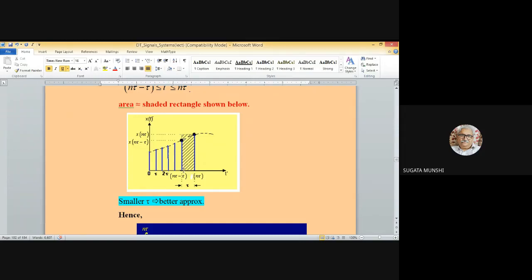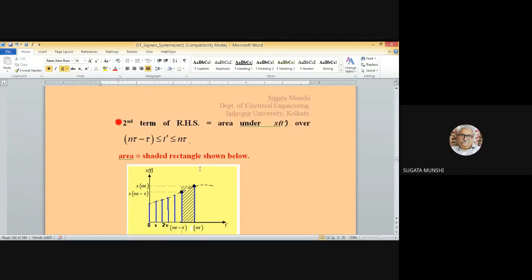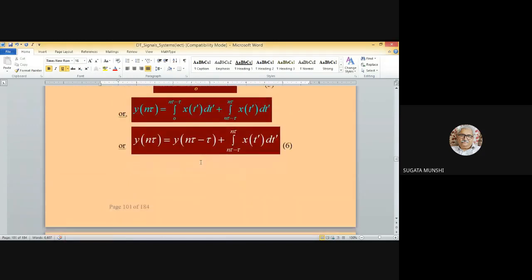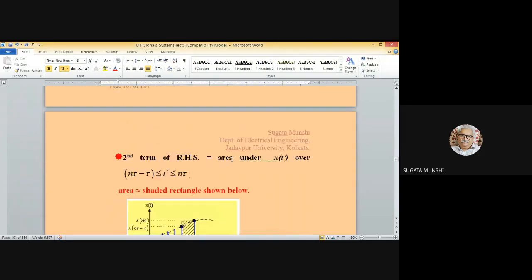You have studied rectangular integration, isn't it? So the second term on the right hand side that we are considering can be approximately represented by the rectangle with height x(n tau) and base tau. So tau into x(n tau).